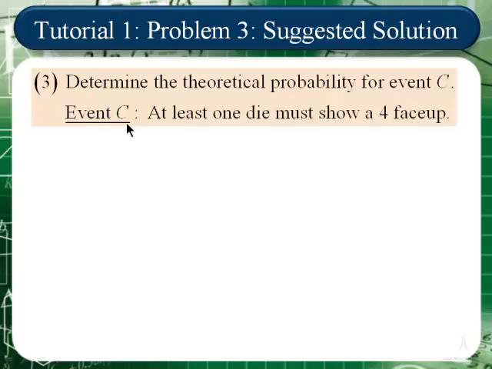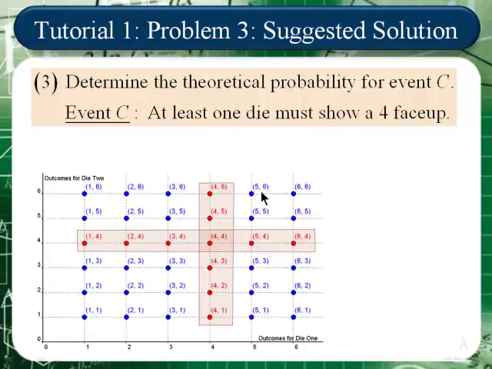Finally, we look at a suggested solution to problem 3 of the first tutorial. Here you need to find the theoretical probability for event C, where event C is described as we must get at least one die that shows a 4 face up.